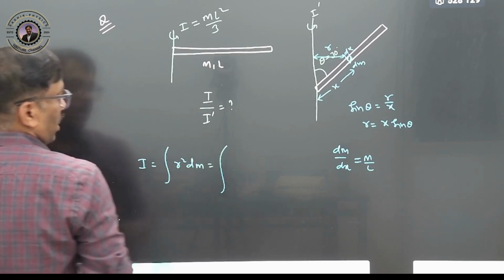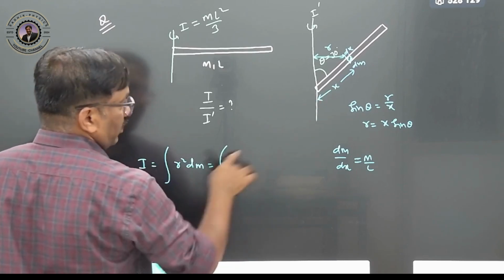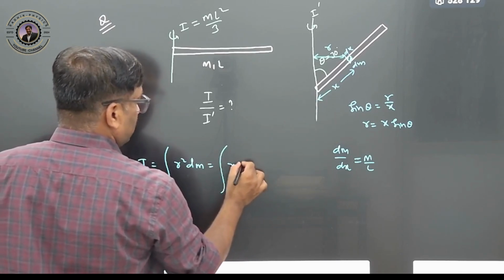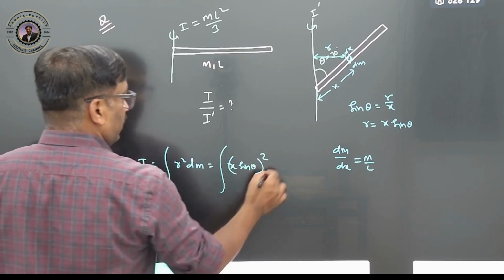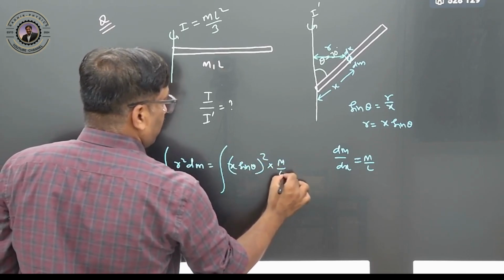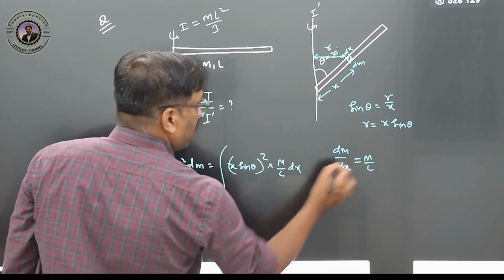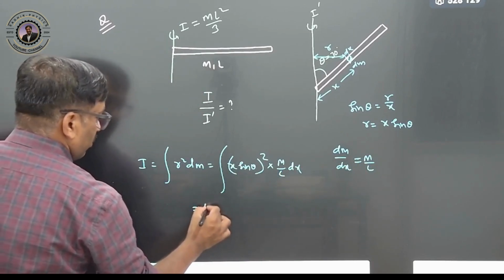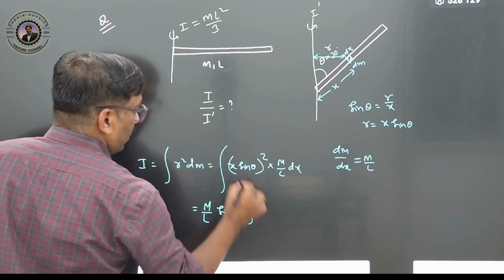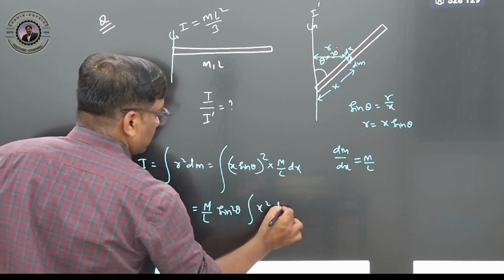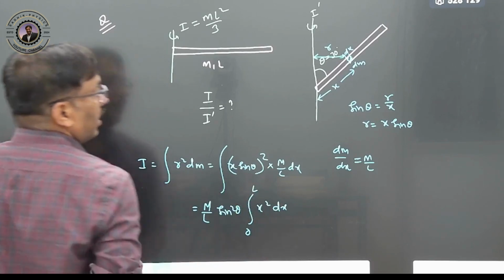So what is r square now? It will be x sin theta whole square, into dm, which is m by l into dx. So taking out constants, m by l into sin square theta, integral of x square dx. What are the limits? 0 to l.